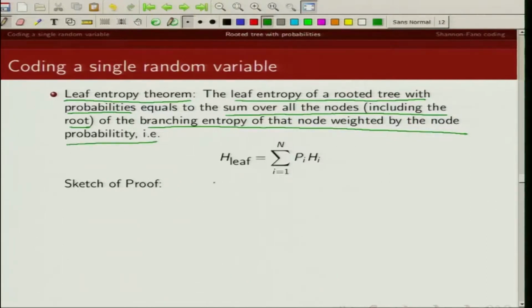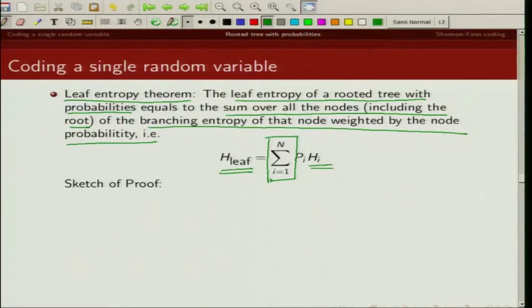So this theorem relates leaf entropy to branching entropy, and it says the leaf entropy is nothing but the branching entropy at node i multiplied by the probability of occurrence of that node i, summed over all the nodes including the root node. That's my leaf entropy theorem.